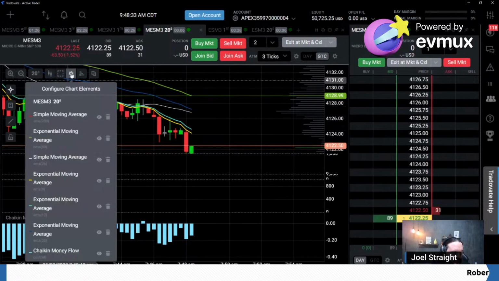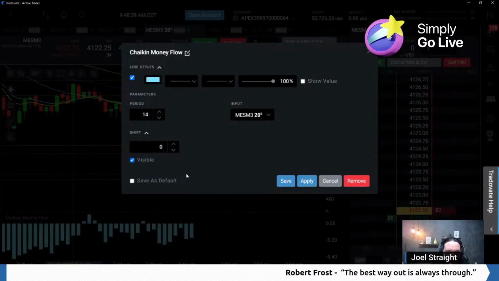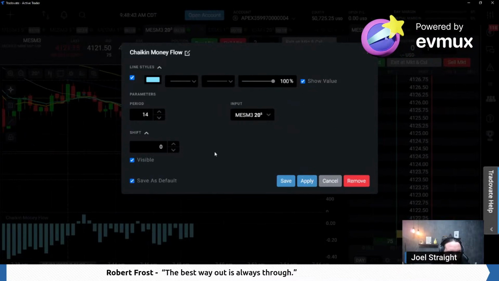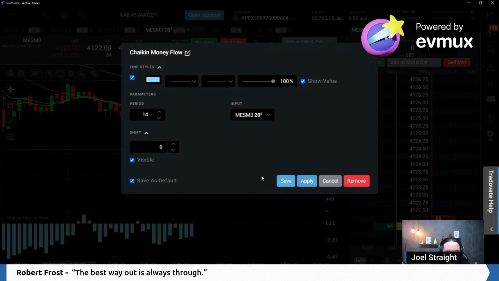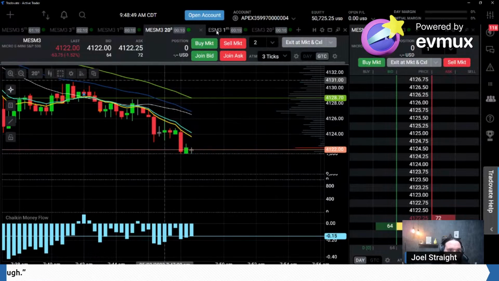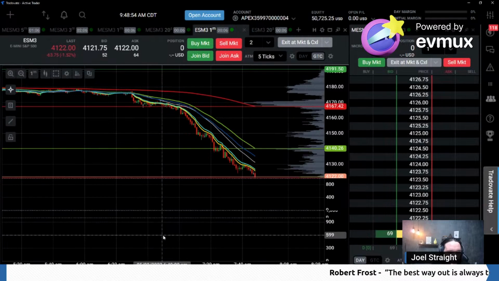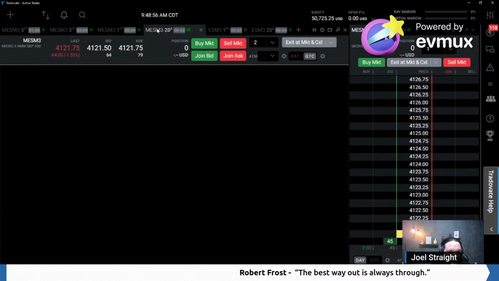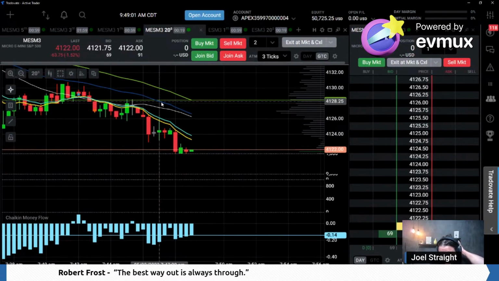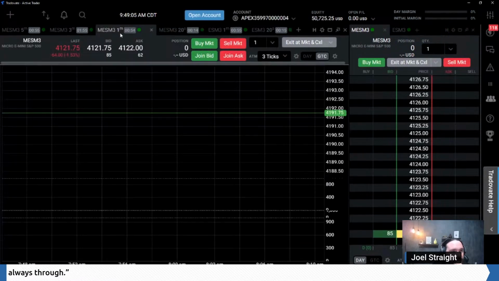If you go to the actual indicator, then you can save as default, and that usually applies it across all your charts. But yeah, it's not there. There's a way to do it. Occasionally there are a couple things in Tradovate that are just kind of weird.